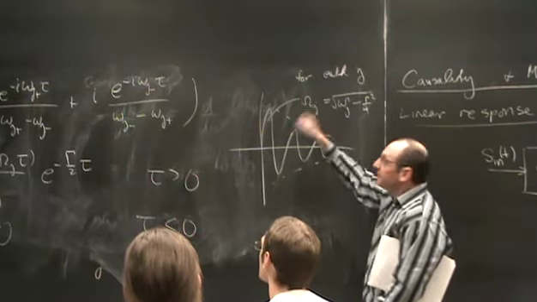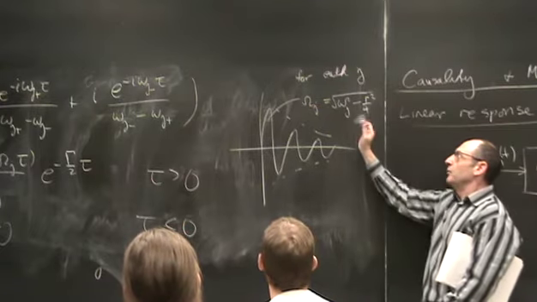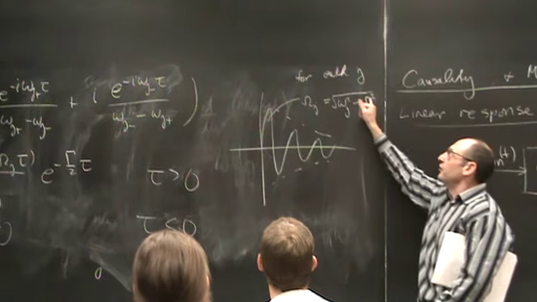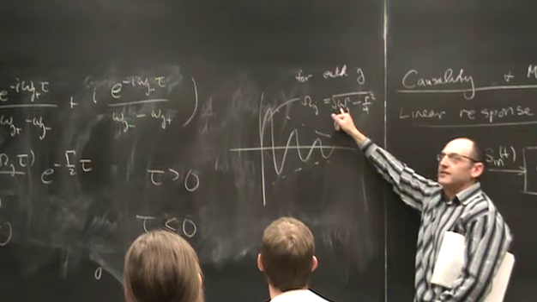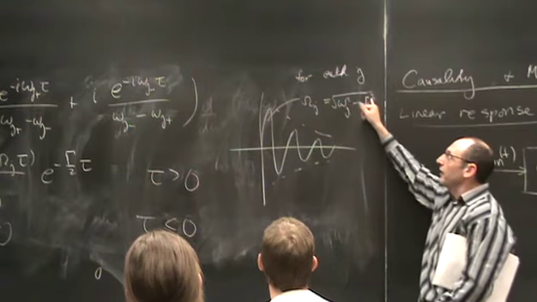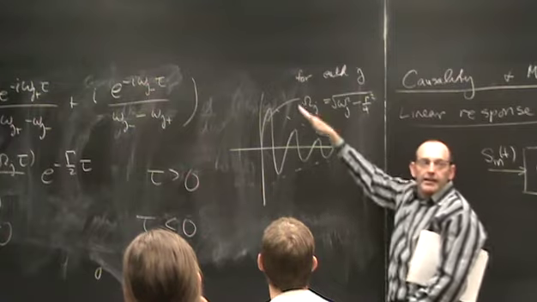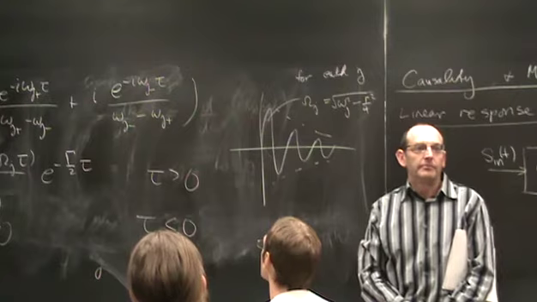It rings and it oscillates at a frequency which is, here I've assumed underdamping. I've assumed that the damping is such that the resonance frequency squared is still bigger than gamma squared over 4. It rings with that frequency and it damps. That is the Green's function.